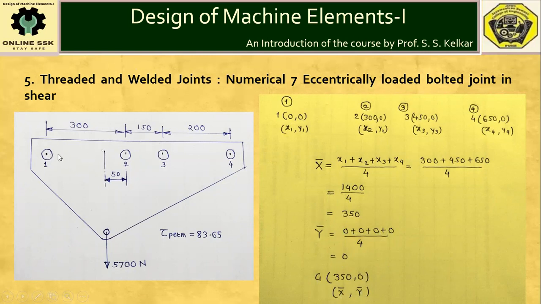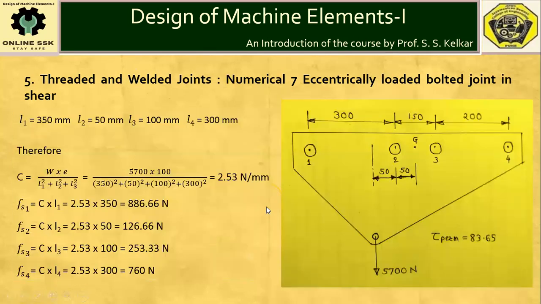So considering board number 1, its center as origin for a Cartesian coordinate system, the x coordinate is 350. CG will lie somewhere here at a distance of 50 from board number 2. Y coordinate is 0, and that is 0 for all the boards present in the system.